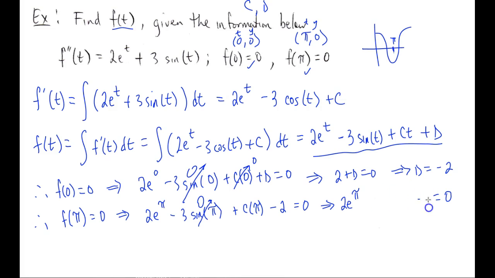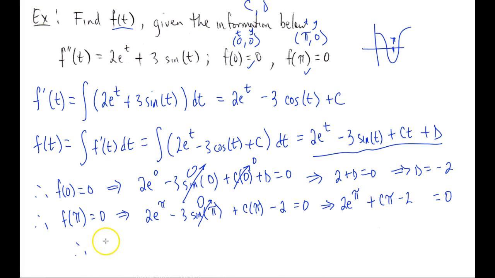Yep, so sorry about that, y'all. And so we're here, and that's 0. Then this will just be plus c pi minus 2. And then from there, we can finish this up.